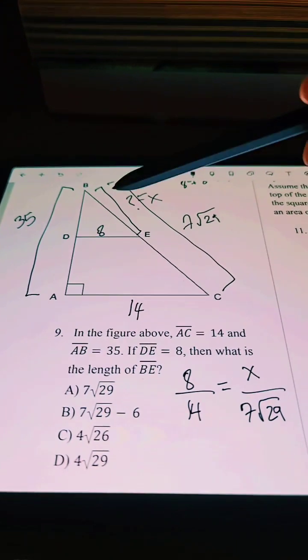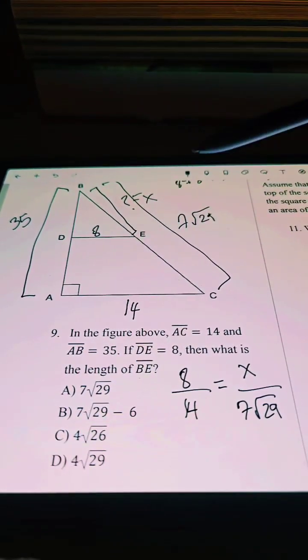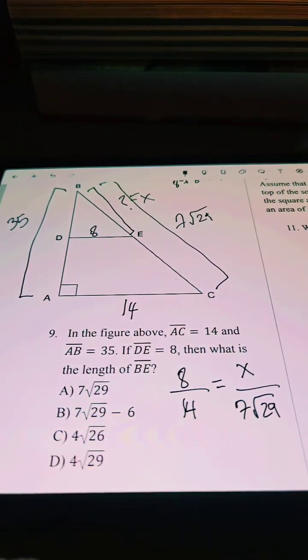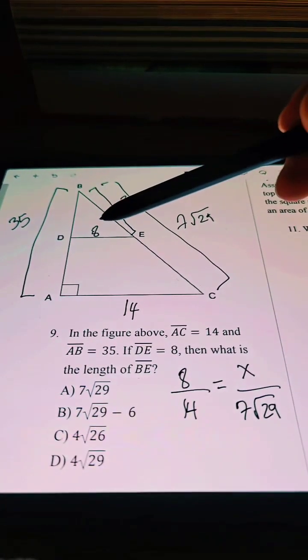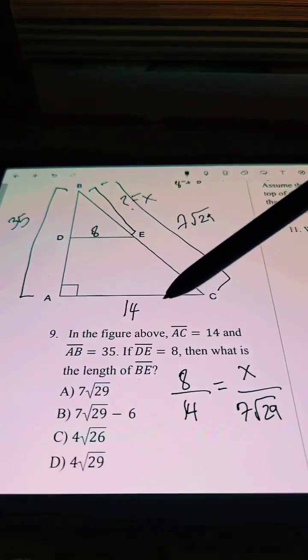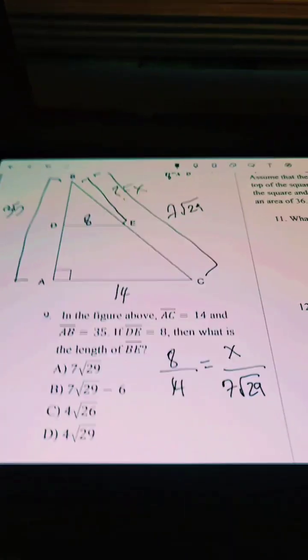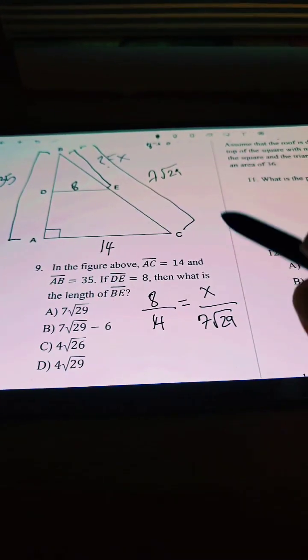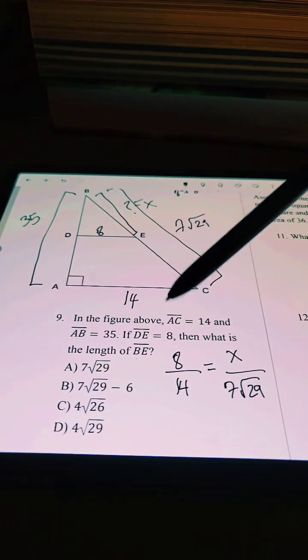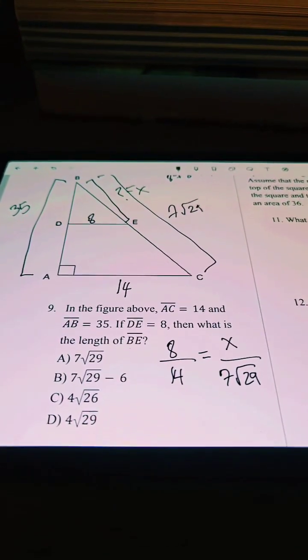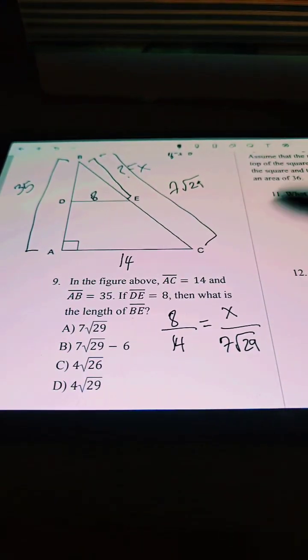And the reason I did that is because I know with similar triangles that the side lengths are directly proportional. So I can say that 8 is to 14 as x is to 7 root 29. You could also think small to big equals small to big, if that helps you, of the matching sides.